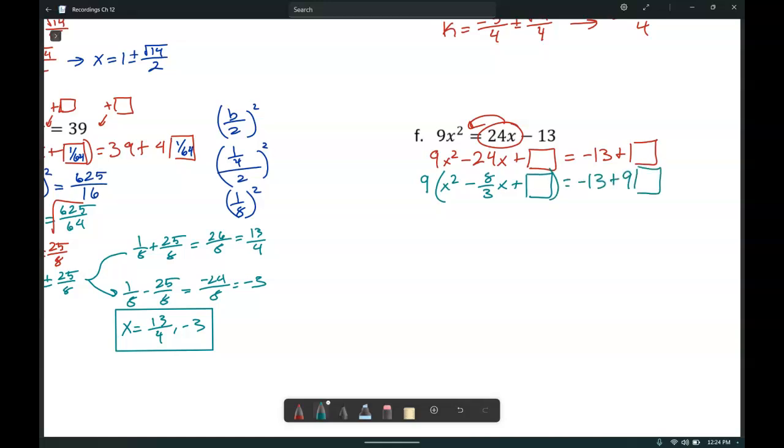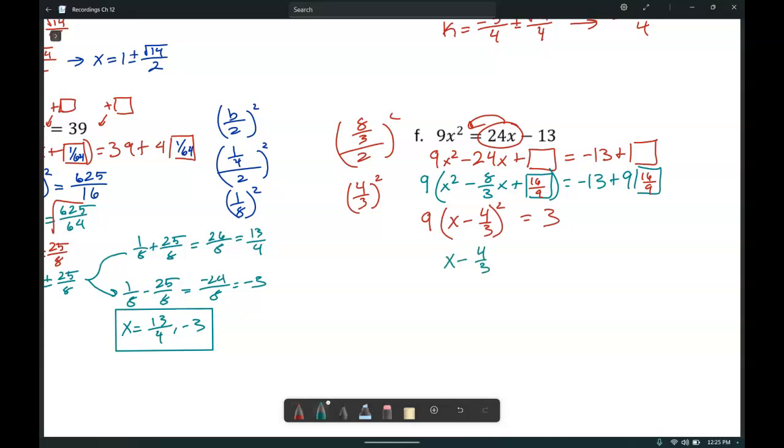And 9 times whatever's in our box. Our b is 8/3 divided by 2. So we're going to have 4/3 squared, which is 16/9. We can factor x minus 4/3 squared, and the right side simplifies to 3.